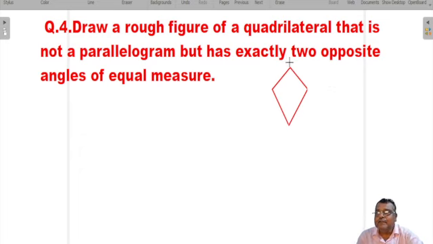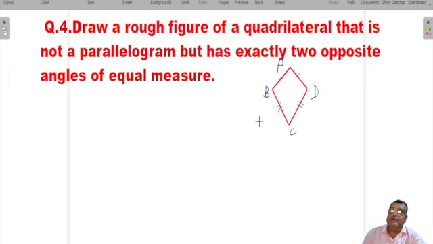Let us see this one A point. Let me change the color. A, B, C, D. In such case, you see AB equal to AD and BC equal to CD.